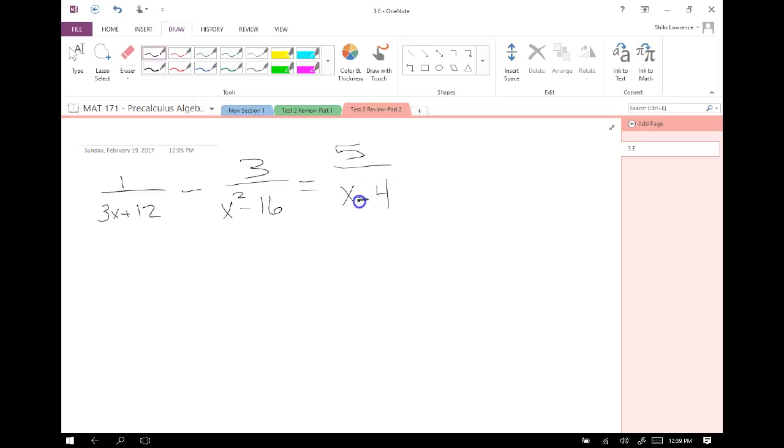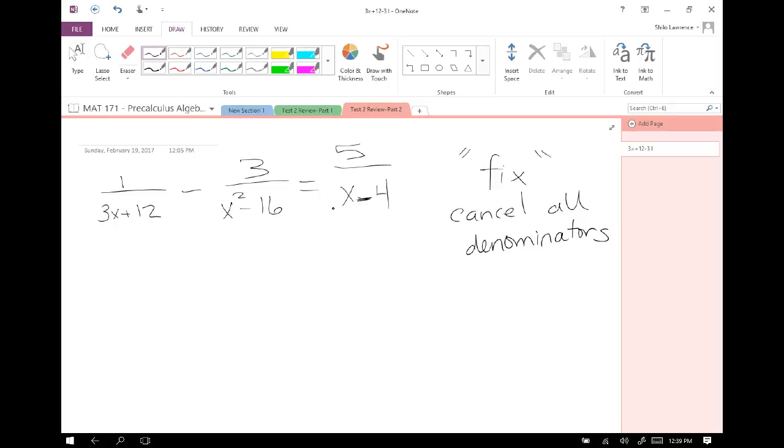To fix this, we need to get rid of all the denominators. Denominators signify division, and to cancel division, we multiply. But we can only multiply by one thing through the whole equation. We've got to multiply everything by the same thing, and we want that one thing to cancel all the denominators.